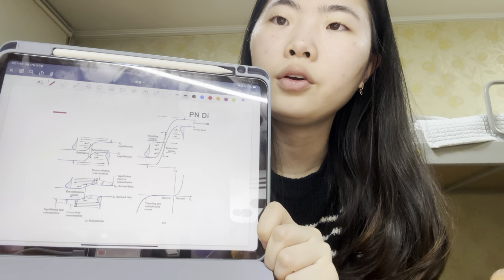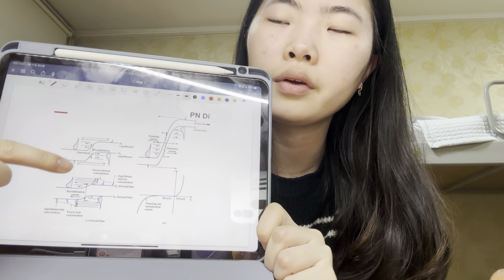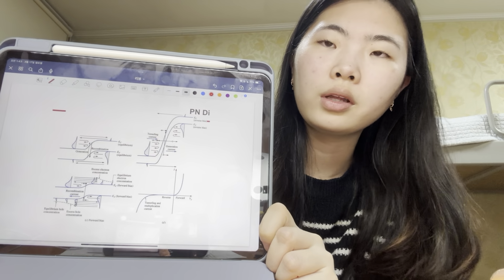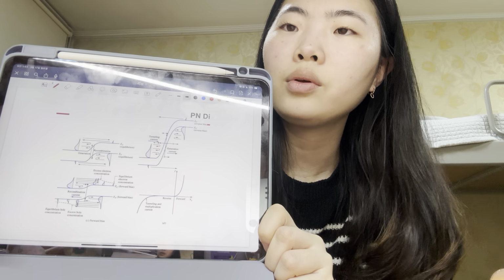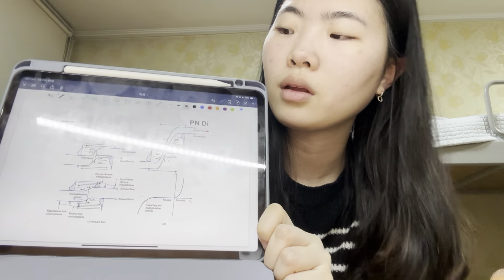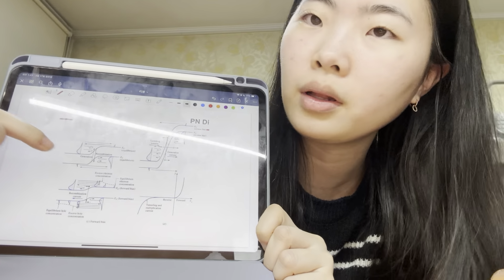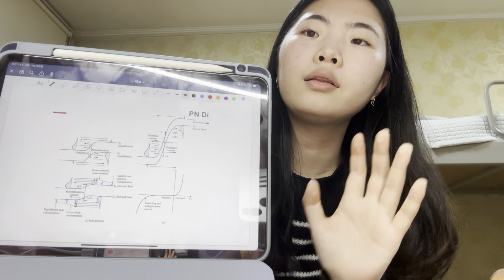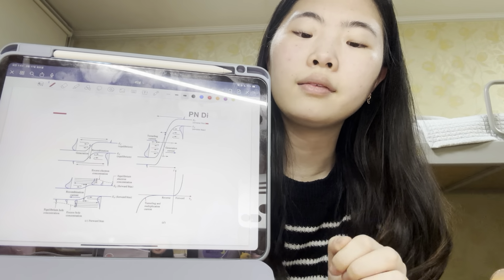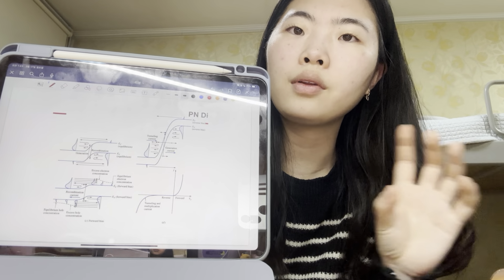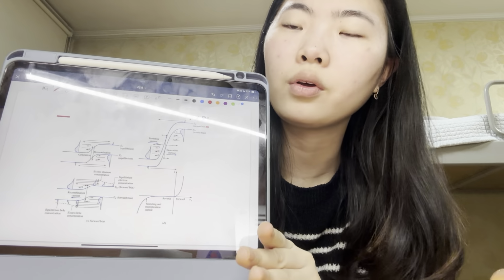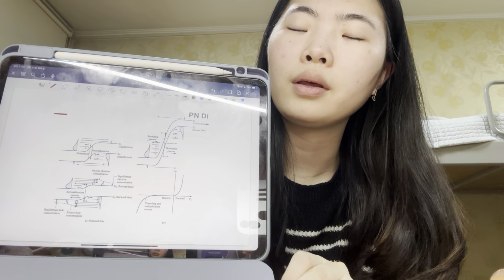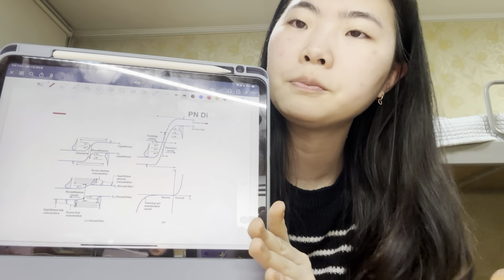The potential barrier, the built-in voltage, is going to be lower than before, so electrons and holes move better than before, and the current flows well.